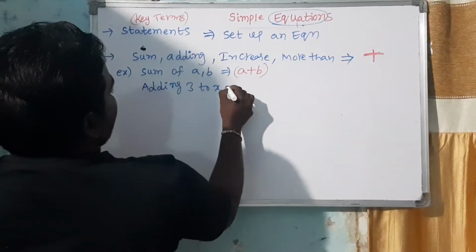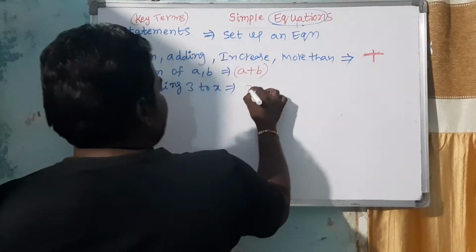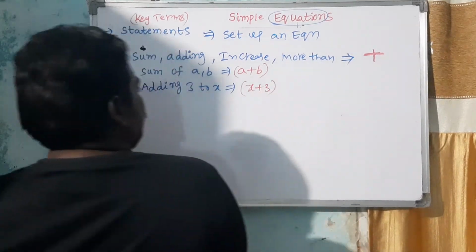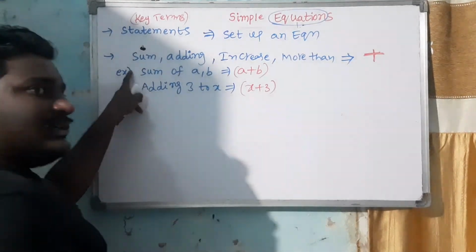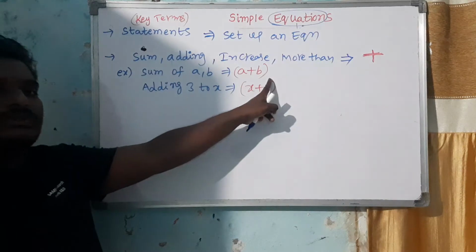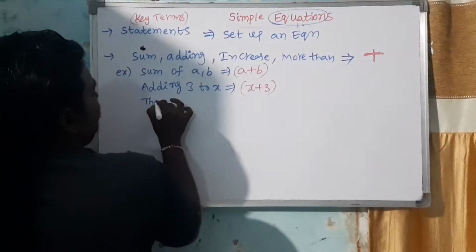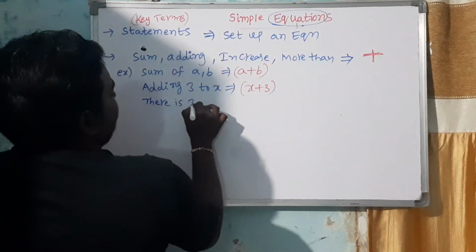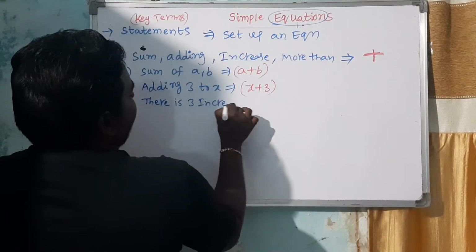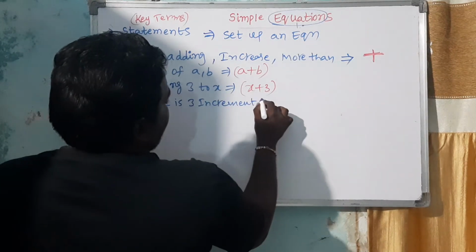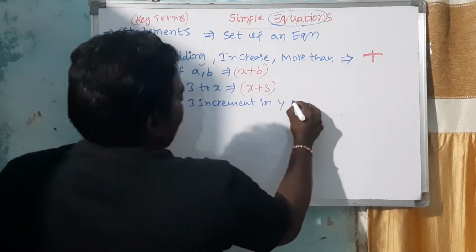Next, adding 3 to x is called x plus 3. So we are converting statements into equations. Next, there is a 3 increment in y. 3 increment in y means y plus 3.